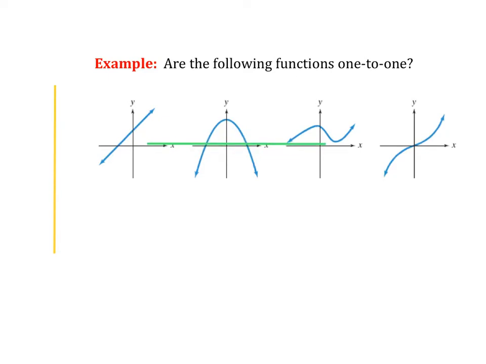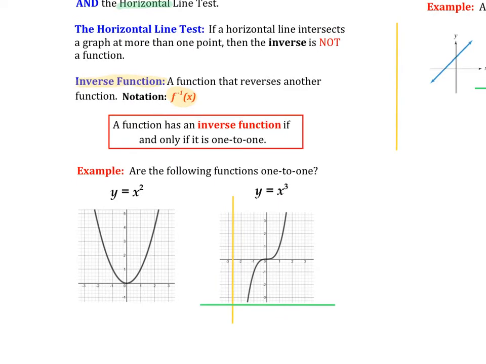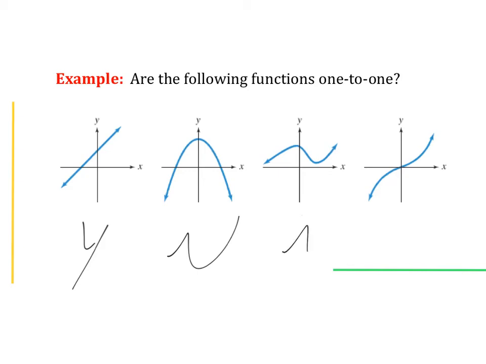This one would be a no, and that's the upside down version of the one we just saw on the previous slide. Next one, it looks like it fails because it actually intersects here, here, and here. And then the last one, horizontal test, yeah, it would pass. So as far as one-to-one goes, we have a yes, a no, and a yes.